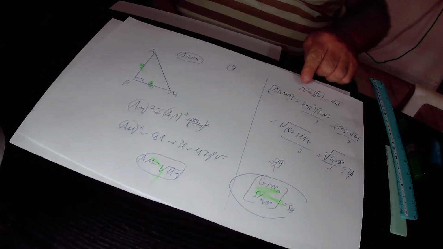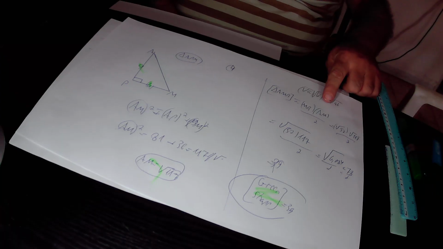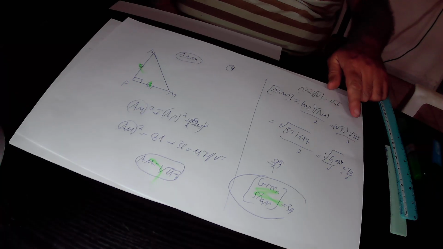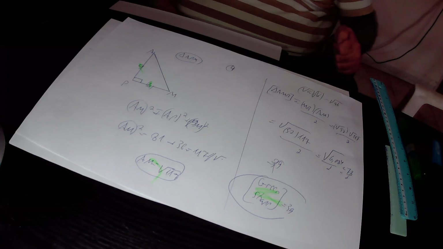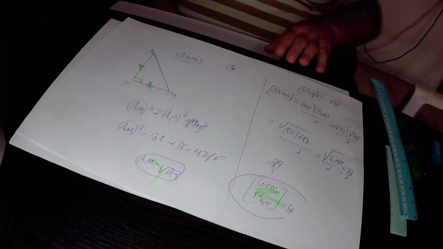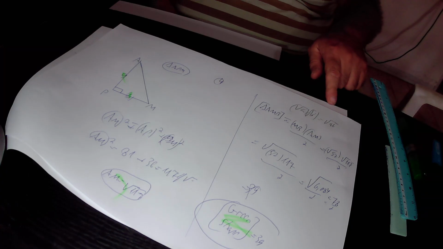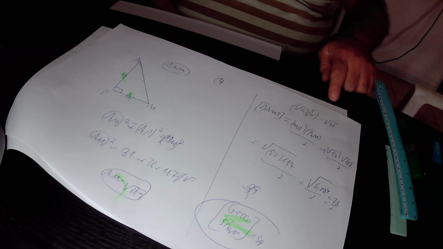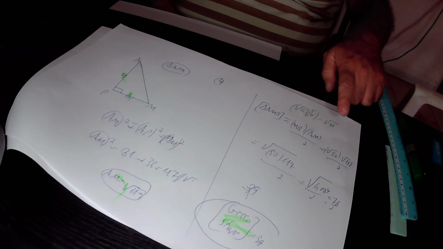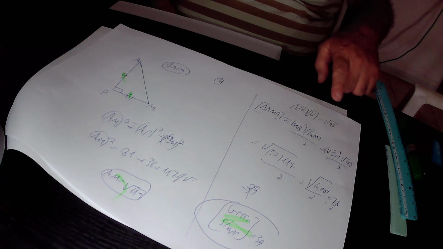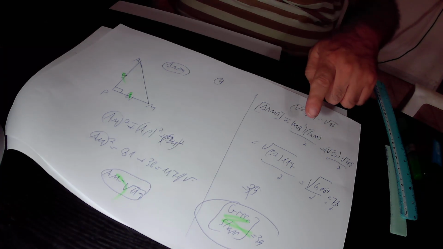So again, MB equals the square root of 52, and AM equals the square root of 117 units in length, divided by 2. We have the algebraic identity that says the square root of a times the square root of b equals the square root of a times b. According to this identity, the square root of 52 times the square root of 117 equals the square root of 52 times 117.